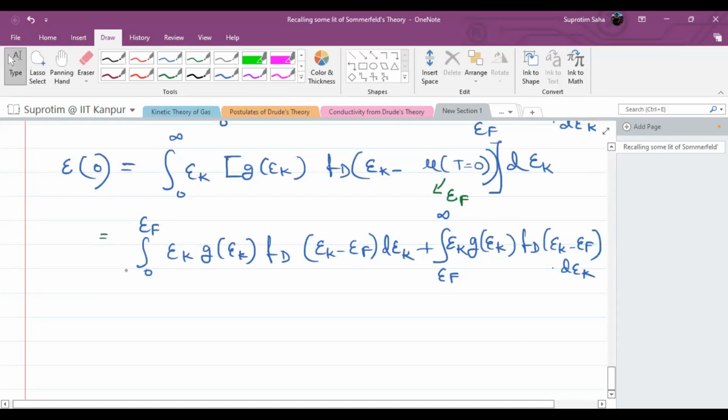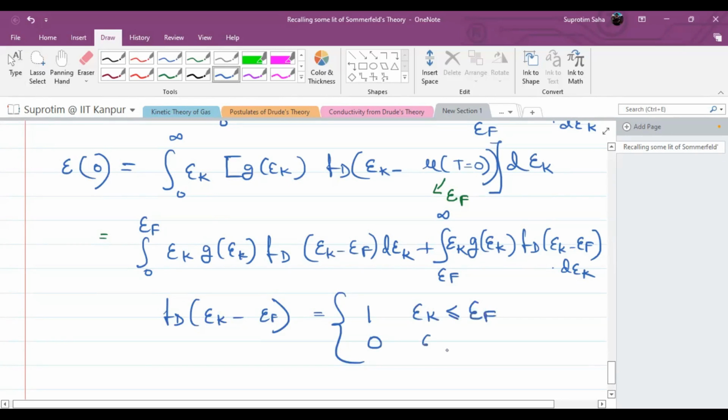So you know that the Fermi-Dirac distribution of Ek minus Ef is 1 for Ek less than or equal to Ef and 0 for Ek greater than Ef.